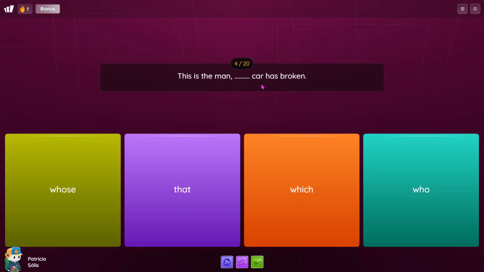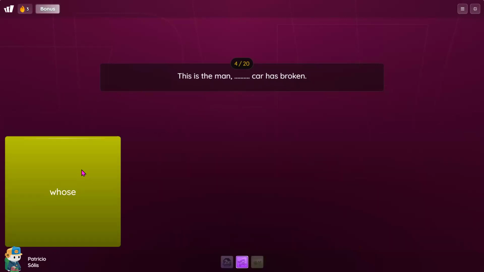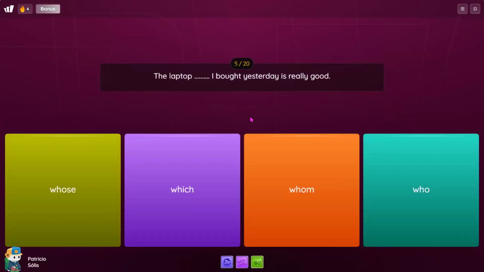But car is a possession. So, the word or the pronoun that indicates possession? Whose? Yes, reread it. This is the man whose car has broken. Car is the possession. Continue, my dear.